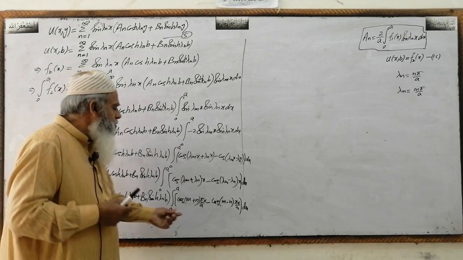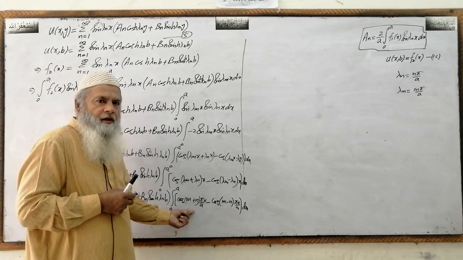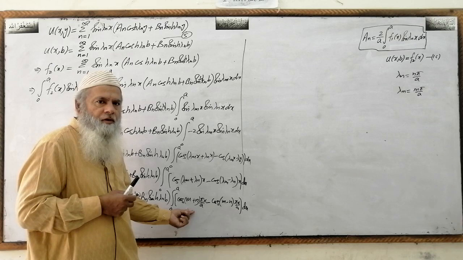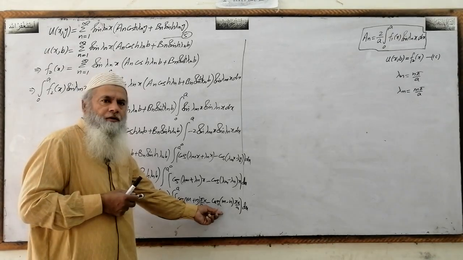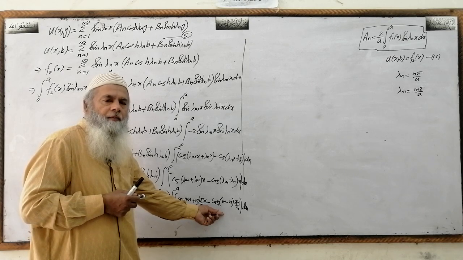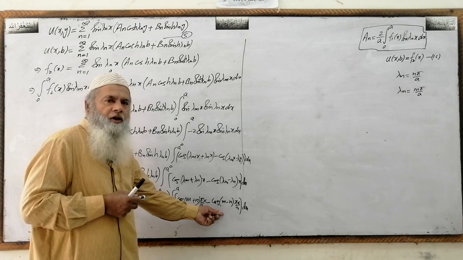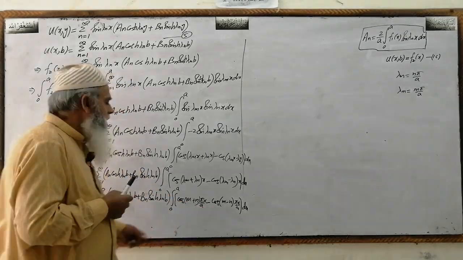As I earlier told you, when we integrate this, this will become sin (m plus n) pi x over a, and when we apply upper and lower limits, this will give you answer 0. Similarly, from here, this will give you sin, and applying upper and lower limits, the answer will be equal to 0. There is only one value for which we get a non-zero answer. And what is that?